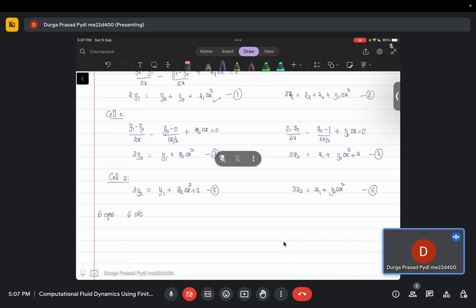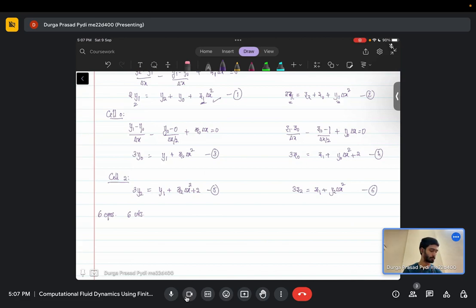The first set of equations has a z term, and the second set also, so the equations for z have a contribution from y and the equations for y have a contribution from z. The direct application of TDMA is not possible, so we need to adjust these equations so that we will be able to solve them.